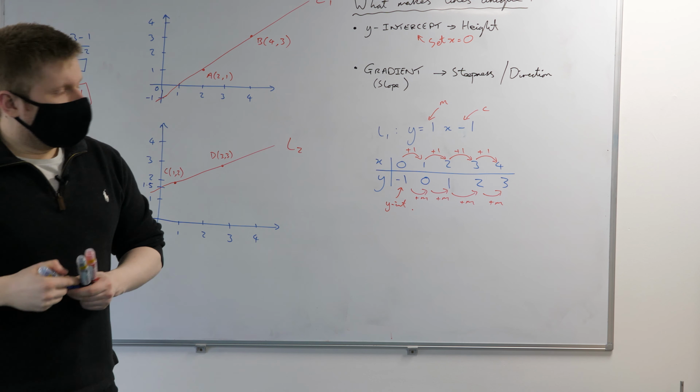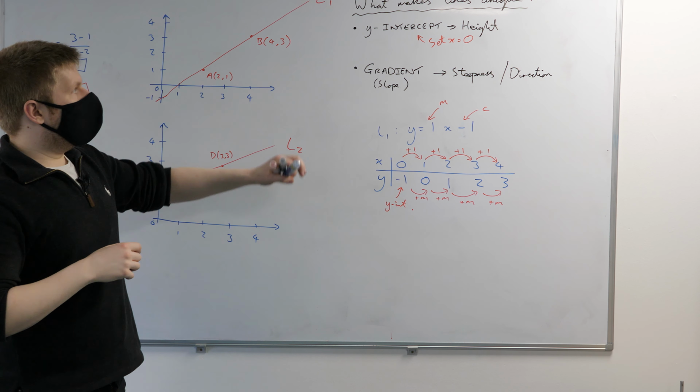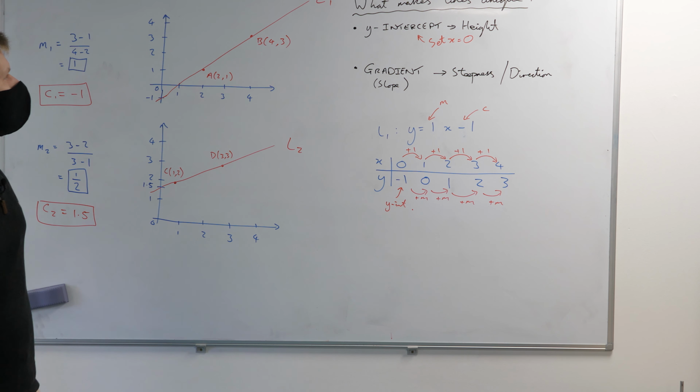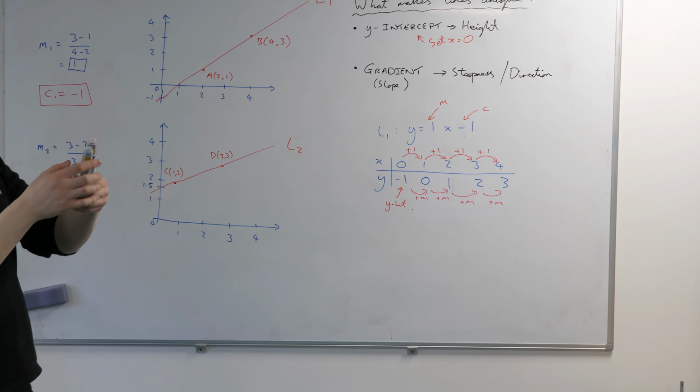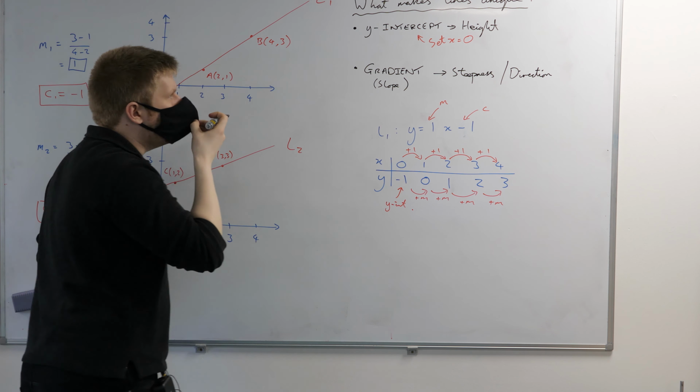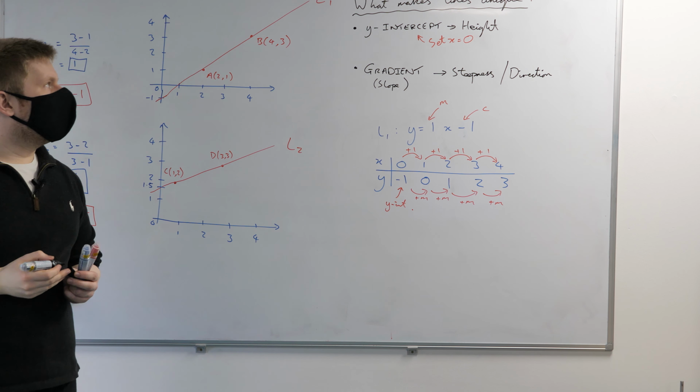Now this is the only actual form that we're going to look at for the moment. We will look at general form a little bit later. But for the moment, I just want you to get your head around this. This is a really important form. It's the slope-intercept form of the straight line.